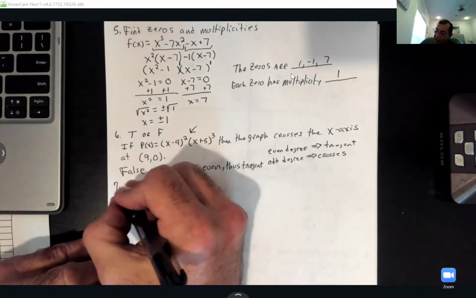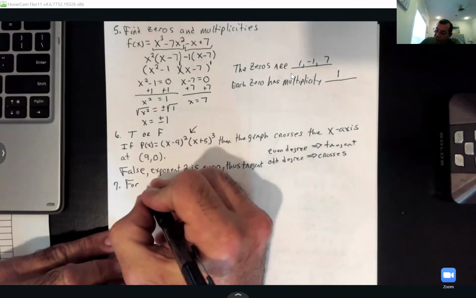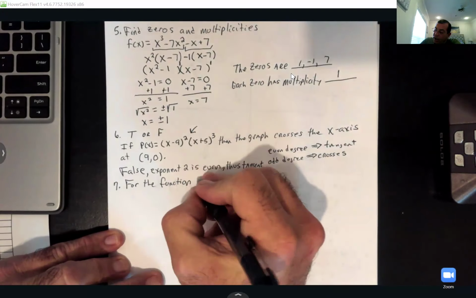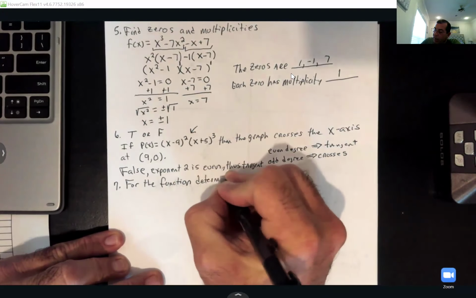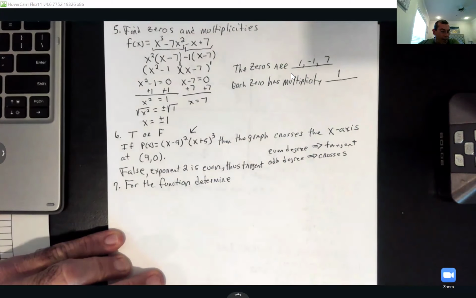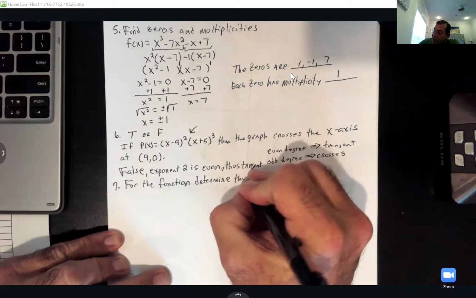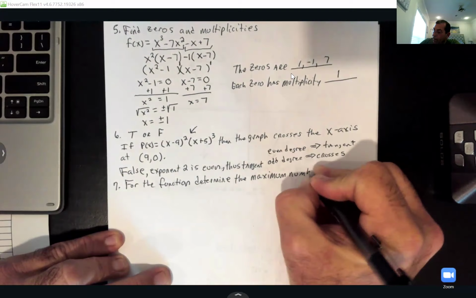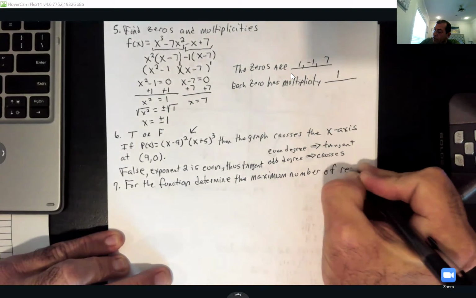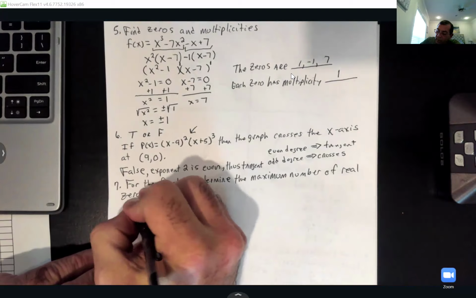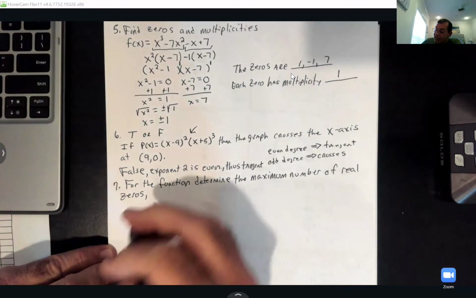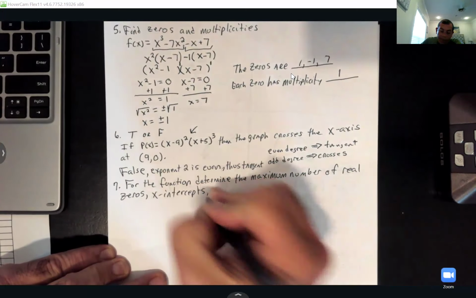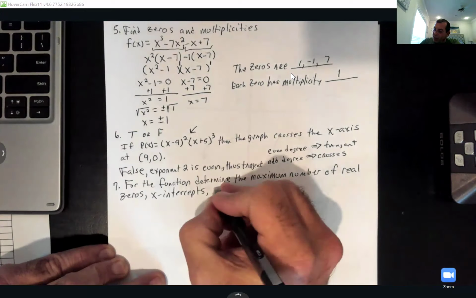All right, this one's not too bad. For the function, determine the maximum number of real zeros, x-intercepts, and turning points.